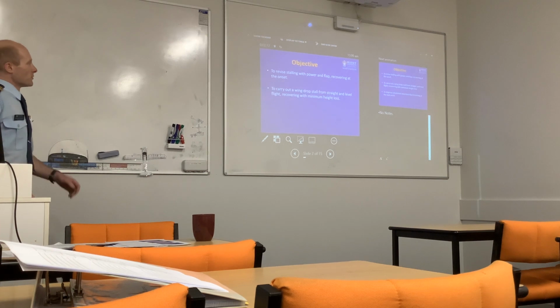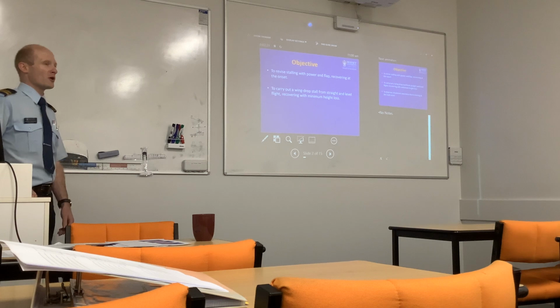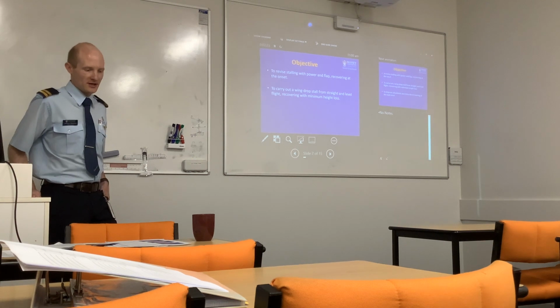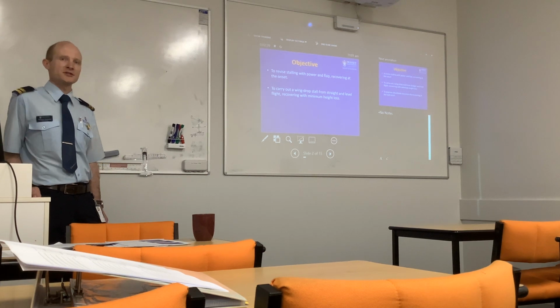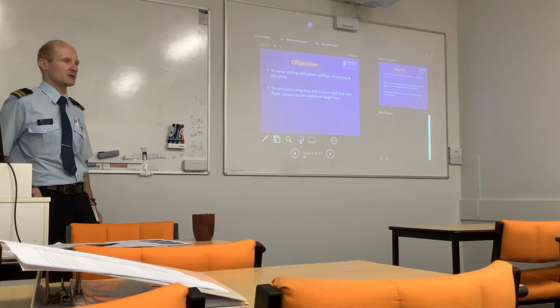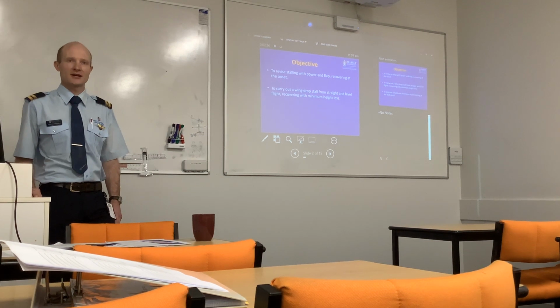There we go. We're also going to carry out a wing drop stall from straight and level flight, recovering with minimum height loss. So why do you think we might want to recover with minimum height loss? So, just go back, recap on that, see if they remember, because we are most likely to accidentally or inadvertently stall the aeroplane when we are close to the ground where there isn't a lot of height to recover.